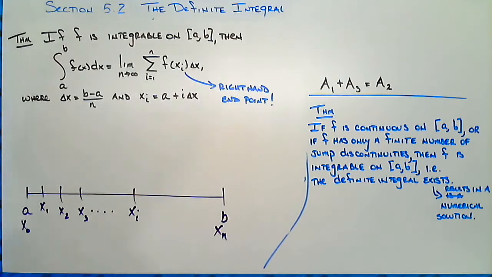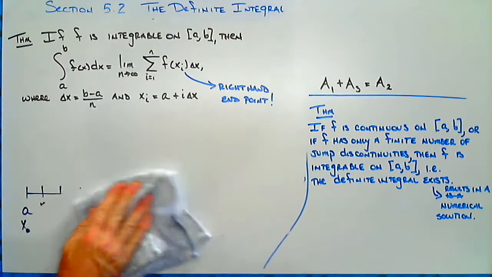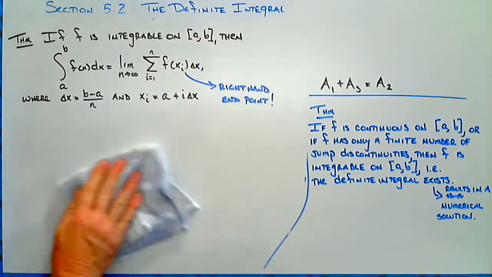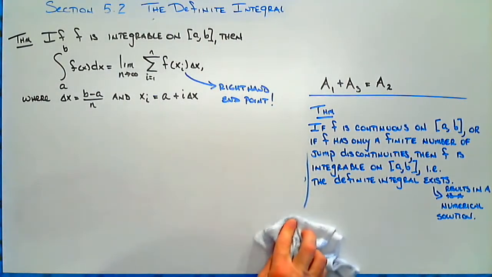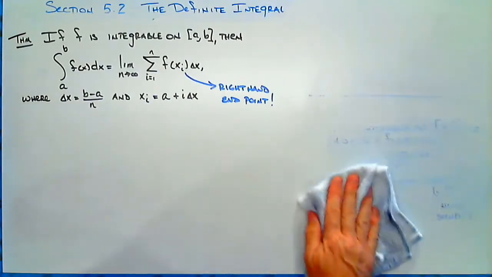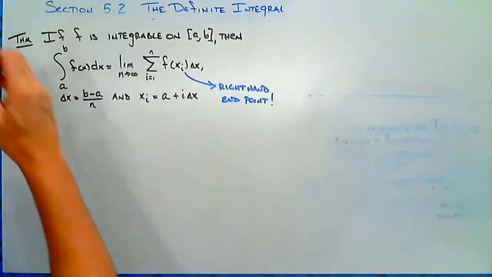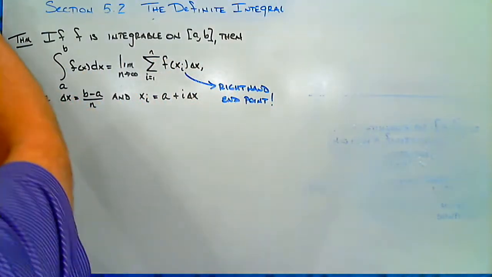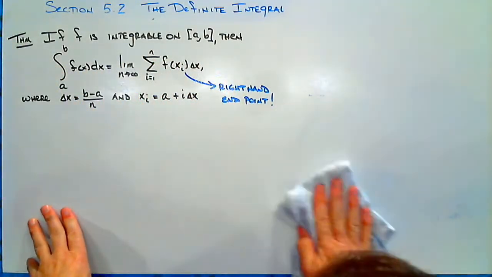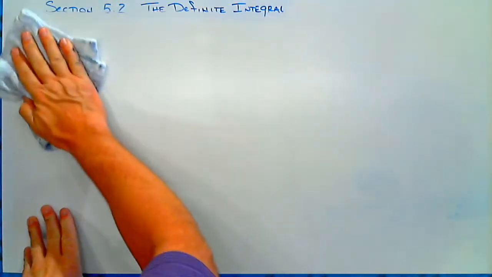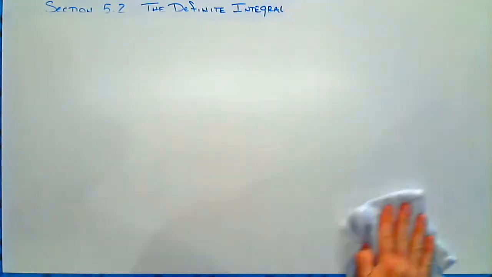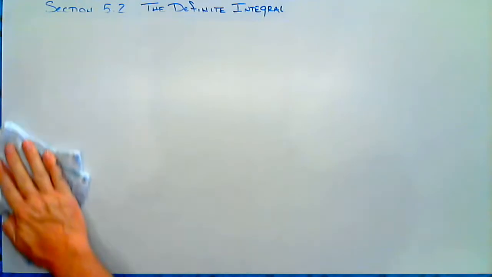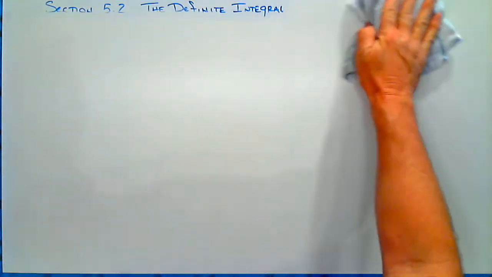Now, where do we go from here? Well, we're going to clean this off, and we're going to talk about some things that are going to make doing the homework a little easier. Okay? So let's go ahead and erase this. The homework is going to come down to pattern recognition.